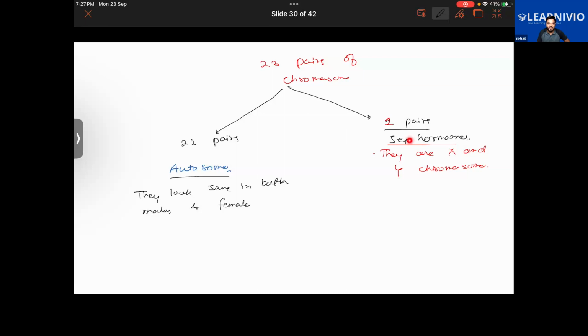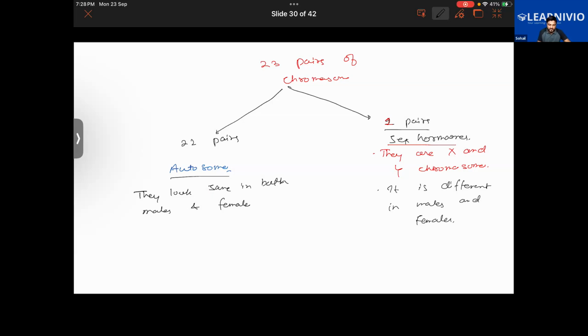But when we talk about the male and female gametes, the gametes will contain only one set of chromosomes, which will be either X or Y. Getting it, guys? So this is the one pair of chromosomes which is different in males and females, while in the case of autosomes, as we have learned, they are identical. They look the same to each other.